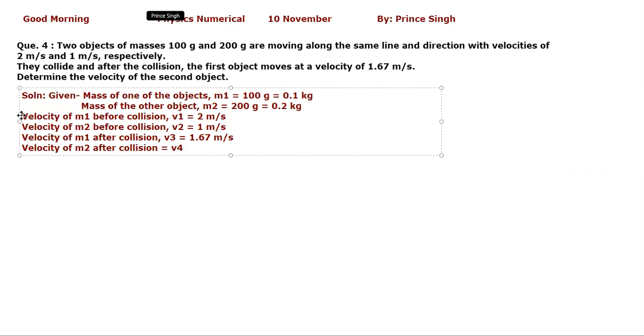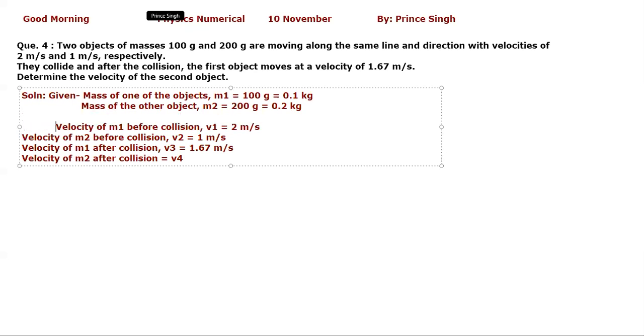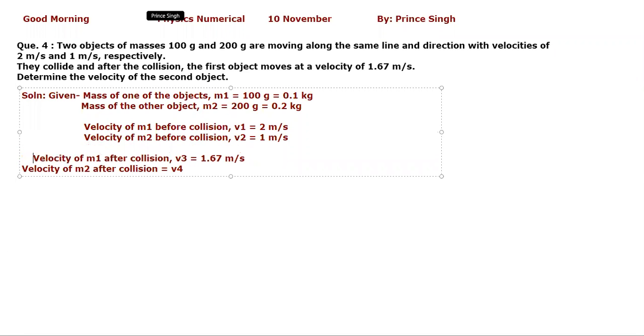Mass of second 200 gram, that means 0.2 kg. Velocity of mass 1 is 2 meter per second. Velocity of mass 2, these two velocities were before collision, 1 meter per second.